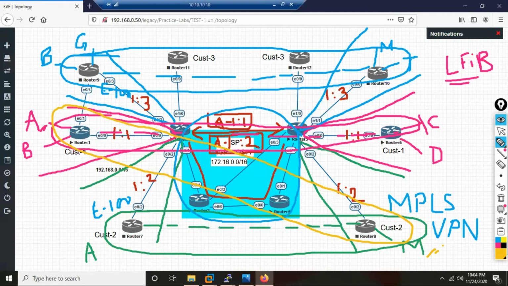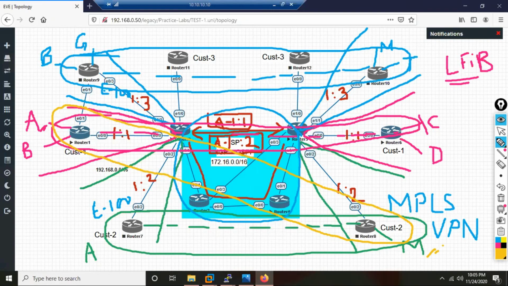When you create a VRF, you don't even need an RD, as long as only the VRF is concerned. You don't even define an RD. But if you have only a VRF and no RD, then how will the overlapping routes be identified? To uniquely identify a route, some unique ID has to be there. So whenever you define a VRF, always remember that a VRF without an RD is useless.